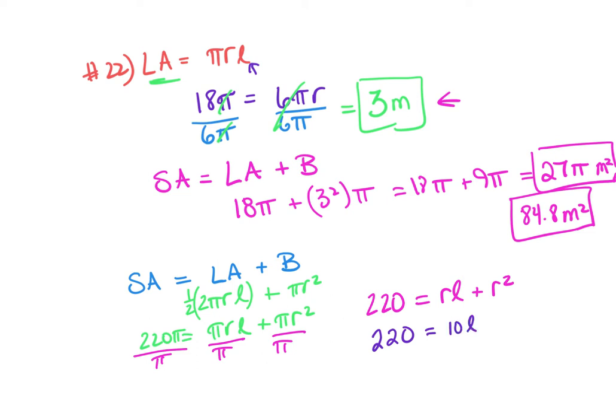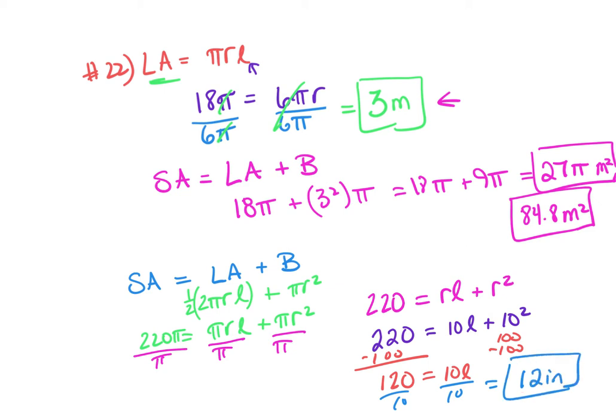So we have 10 times L plus 10 squared. What's 10 squared? 100, right? So we can subtract the 100. 220 minus 100 is 120 equals 10L. What's my final step to find my slant height? Divide by 10. What is my slant height? You should have gotten 12 inches, right? And then you can just plug it in to find lateral area. You already know your surface area. All right? Questions on that?